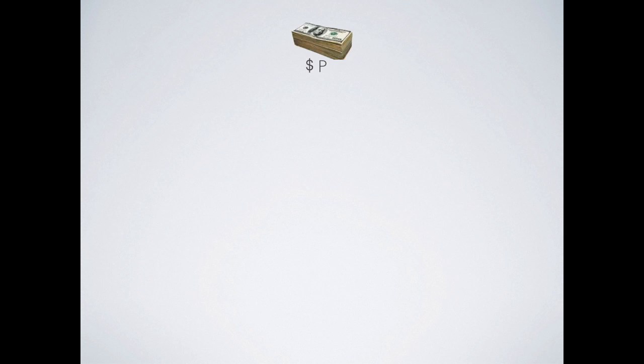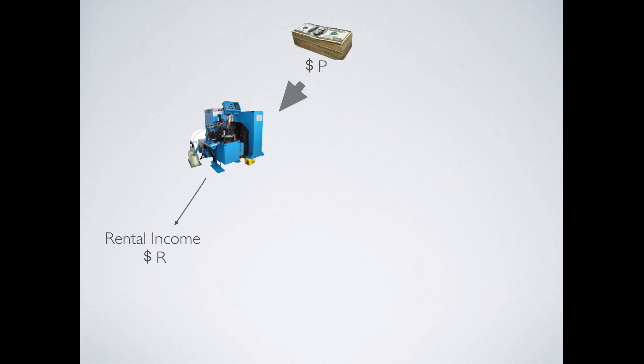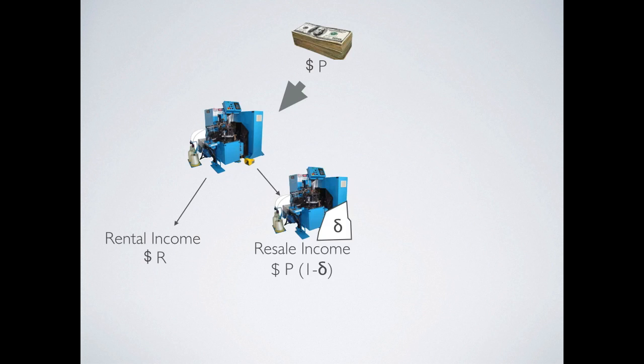Then one way of saving is to invest it in buying 1 unit of capital. For a unit of capital, it will give us the rental income R dollars tomorrow, and also tomorrow we can resell it and take back the income of P times 1 minus delta.